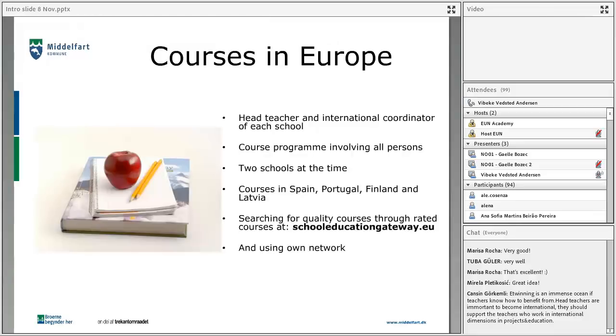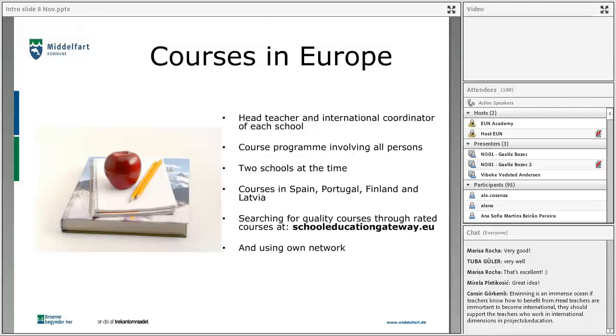And the most important thing was that each school came home with a nice network of teachers with whom they had already connected at the course.